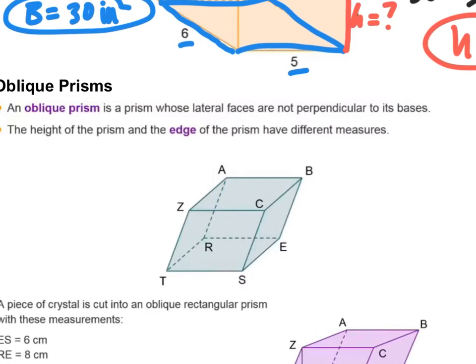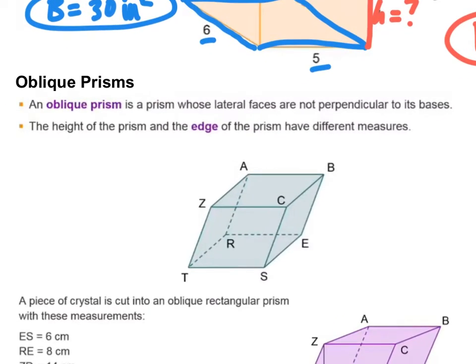Now, an oblique prism means that its lateral faces, these faces here, so here's my base, are not perpendicular to the base. So the height of the prism and the edge have different measures.